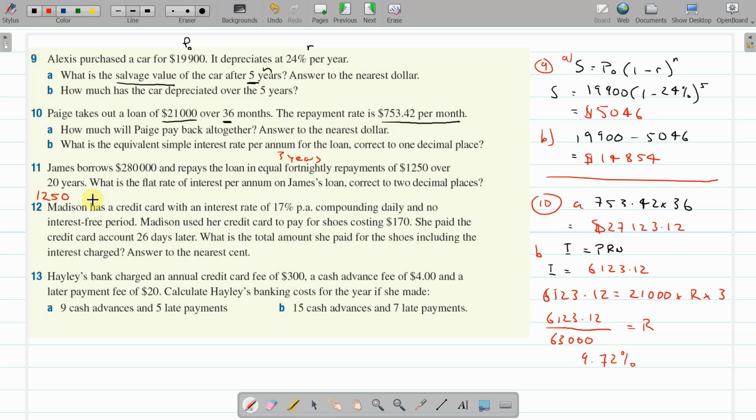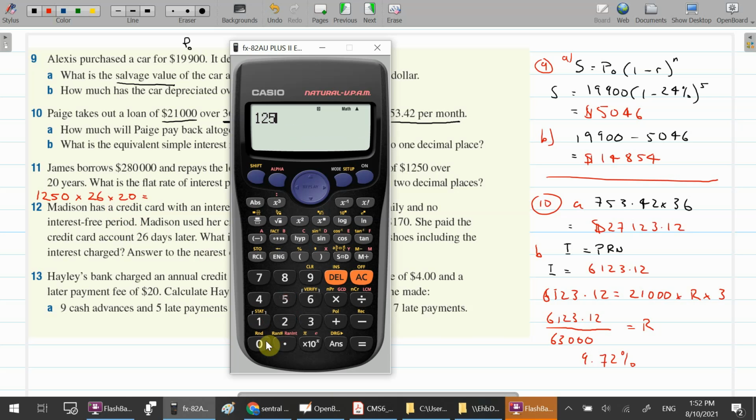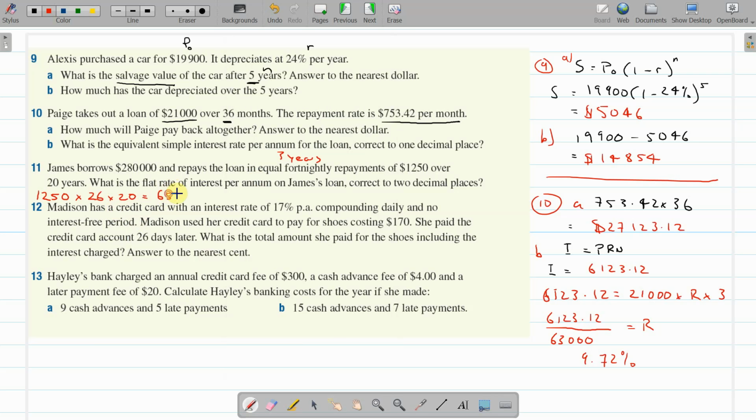That's per month; this is per fortnight. So $1,250 over 20 years. So 26 fortnights in a year and 20 years. That'll be what he's paid. $650,000. Okay, that's the total of being paid.